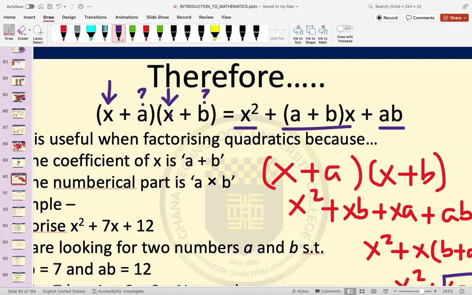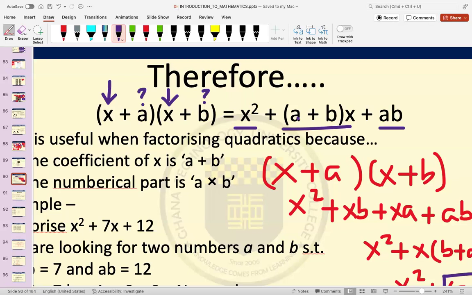First of all, you multiply them, and then pick A and pick B and just add them and put it there.